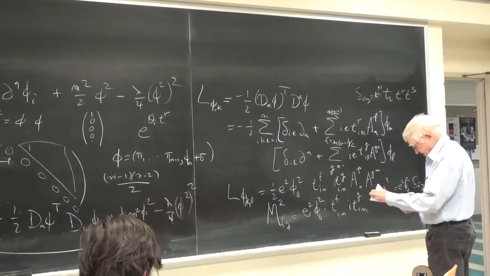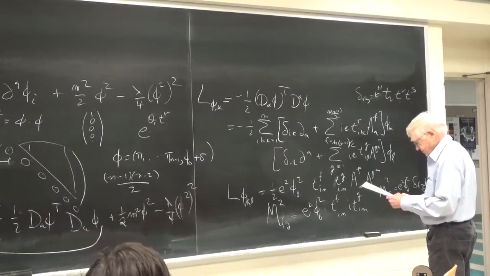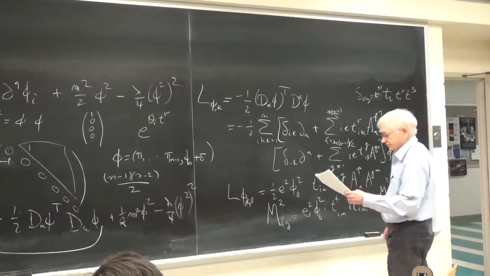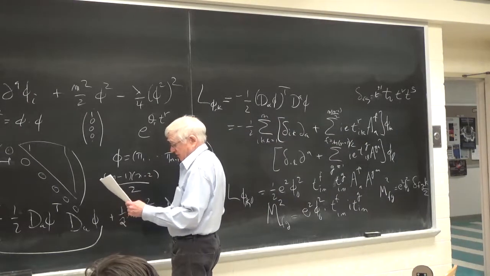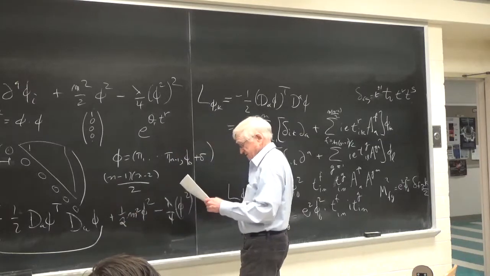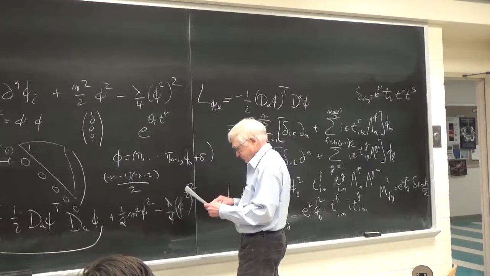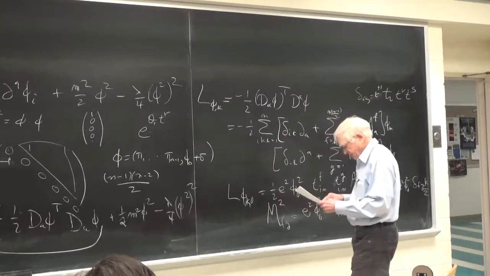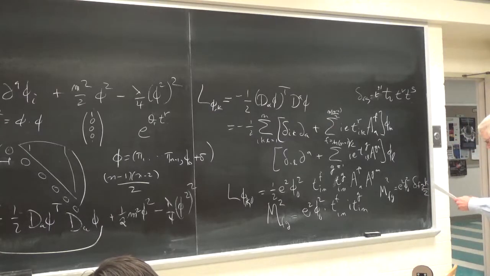In the general O(N) case, you have, let's see, I think I wrote this down here. First of all, you have a lot of scalar fields that remain massless. Let me see, all right, here. So you have n scalar fields, n minus 1 of them combined with n minus 1 gauge bosons to give you n minus 1 massive gauge bosons.